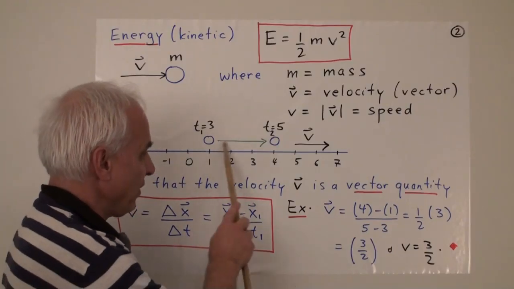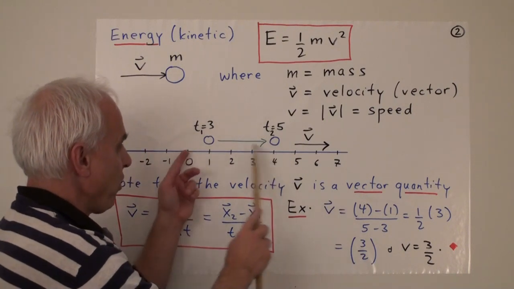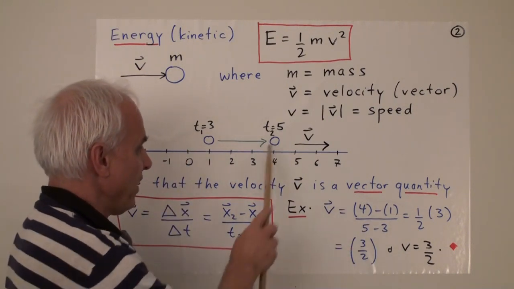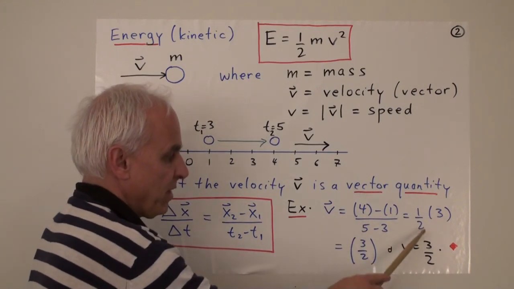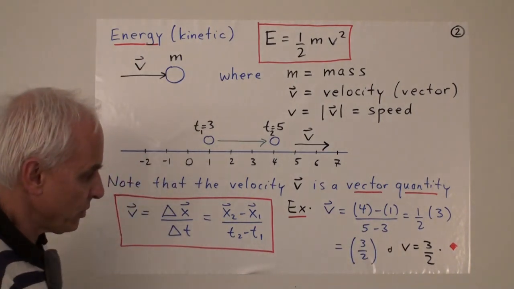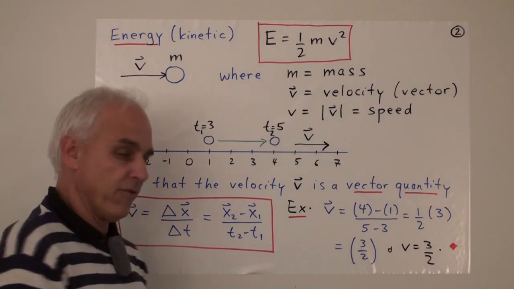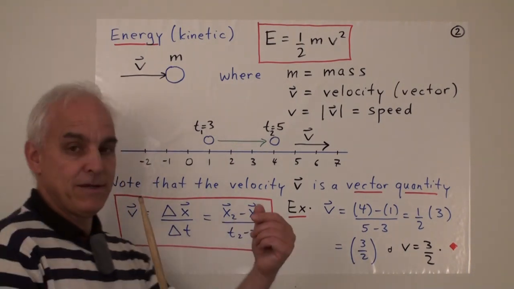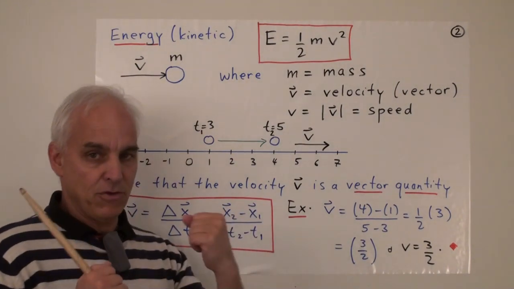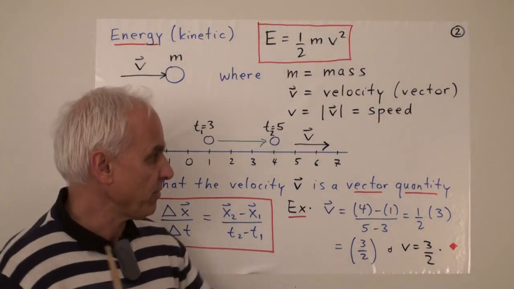So in this case, the velocity is the vector 4 minus the vector 1 divided by the difference in times. So that's the vector 3 times a half, which we could write as the vector 3/2. So that would be the velocity vector, while the speed would be the absolute value of that, which is 3/2.